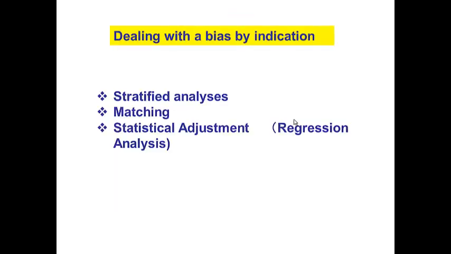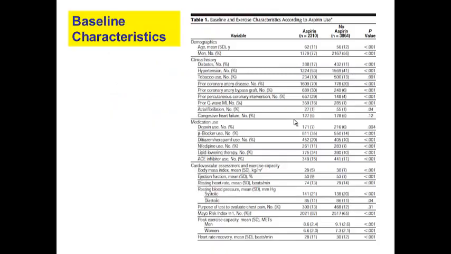So this is the bias which occurs when the comparison groups have different severity of disease, and therefore when you directly compare two groups in terms of outcome, you may mask the effect of your exposure of interest. So in this case, the aspirin group has a higher severity.